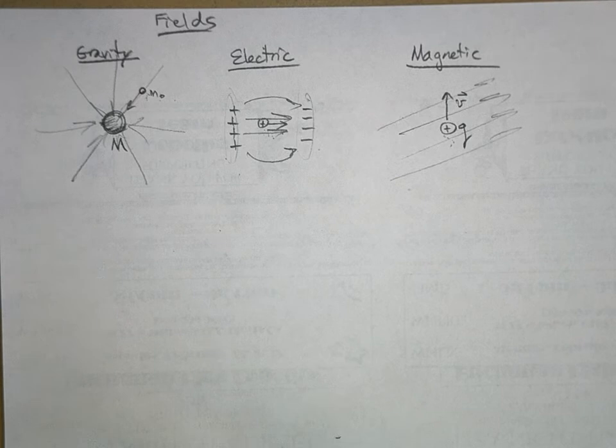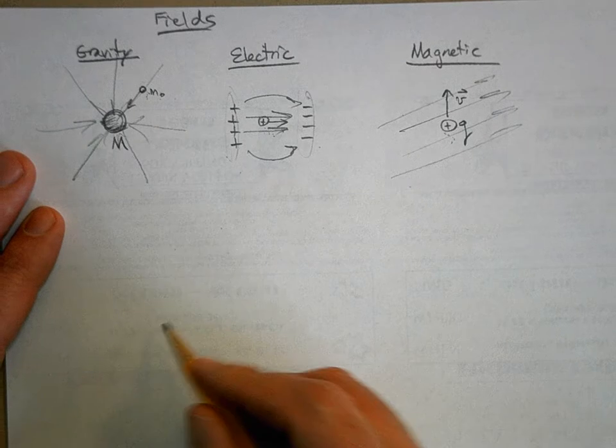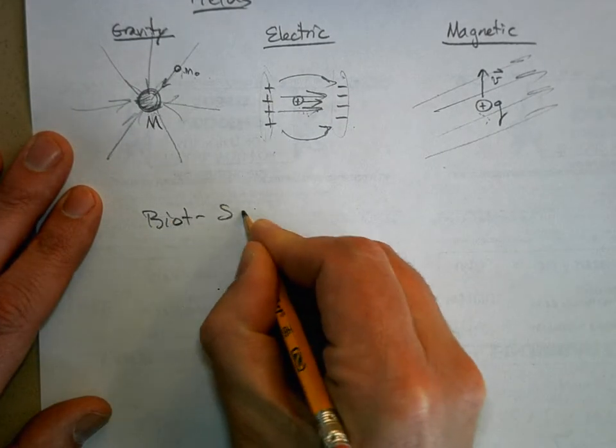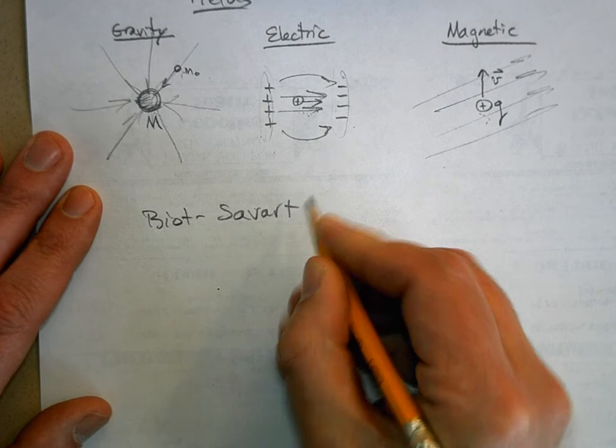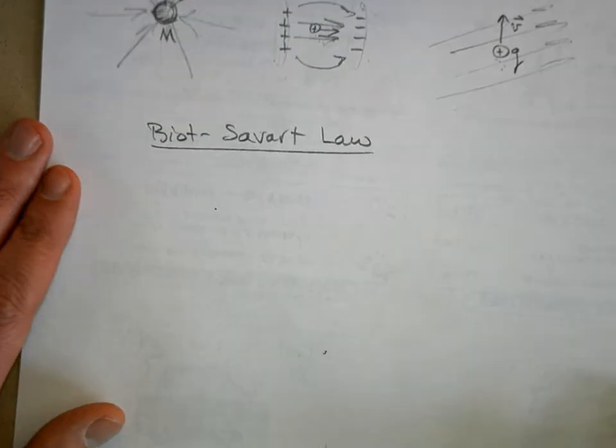If you have a current, that is, if you have moving charge flowing through a wire, or anything, doesn't have to be through a wire, but the simplest example is it moving through a wire, that's going to create a magnetic field. So let's take a look at, and this is the Biot-Savart Law, and these were two guys that worked together to figure this out.